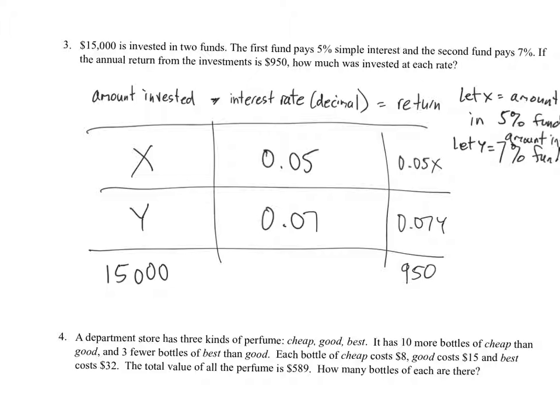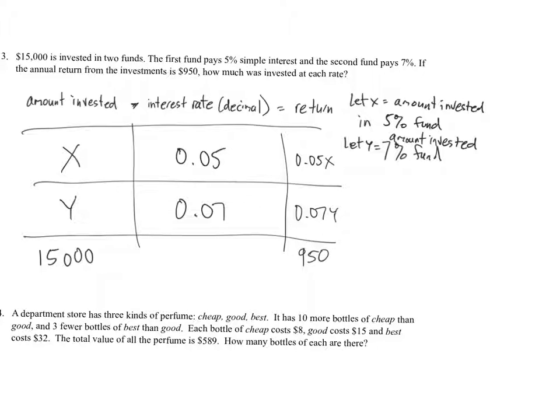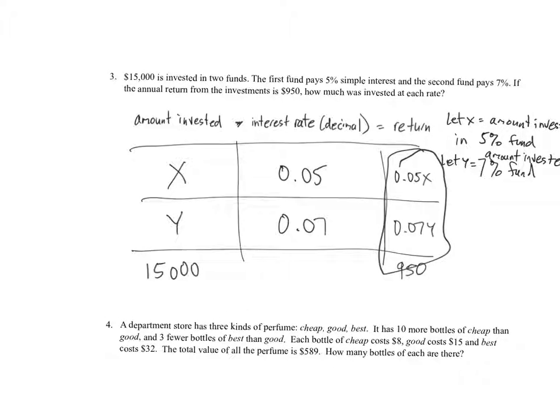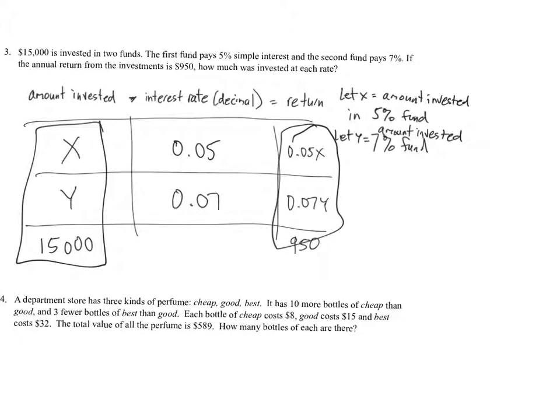So we've defined our variables, and now we just have to set up our system of equations. The way that we do that is we take this amount and then we take this amount here. The first equation looks like x plus y equals 15,000. The total amount invested is 15,000. 0.05x plus 0.07y equals 950.